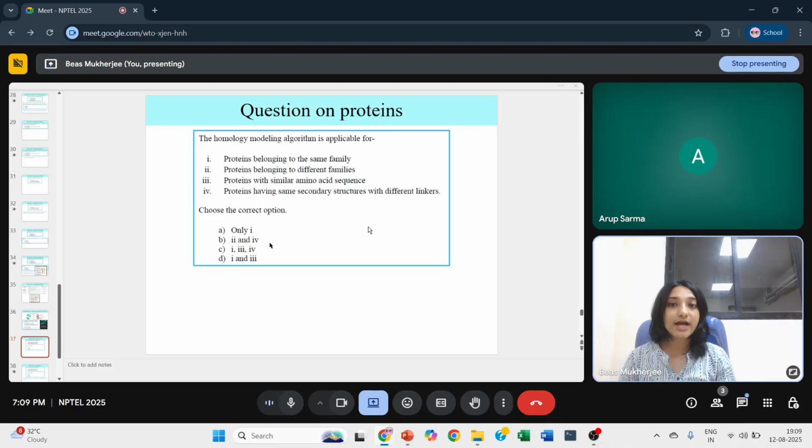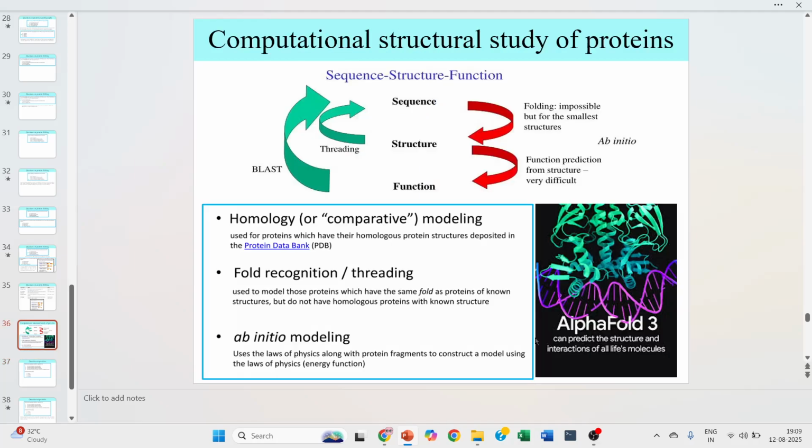Correct? That is homology modeling. That means you already have an initial, solved structure of a protein, and you're expecting that this one is also going to have the same structure. So if we go back to our previous slide: used for proteins that have homologous protein structures deposited in the Protein Data Bank.